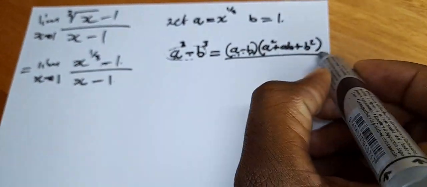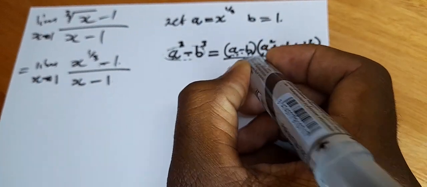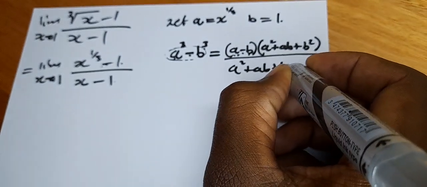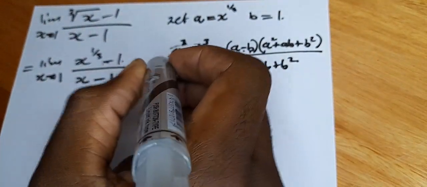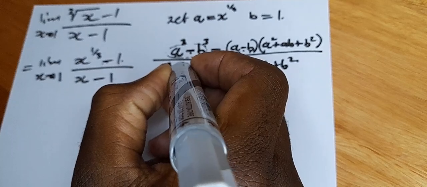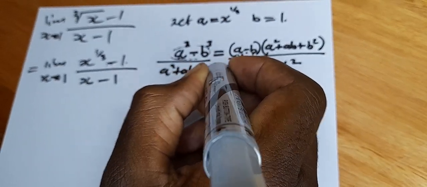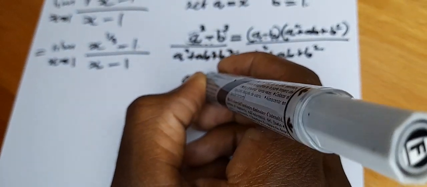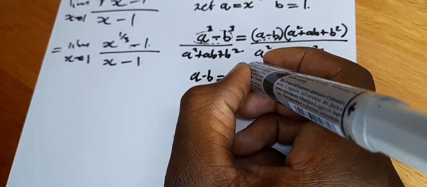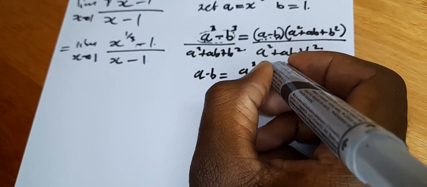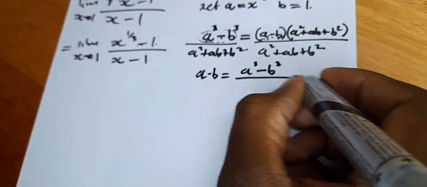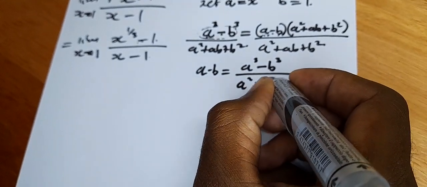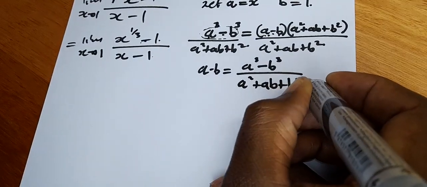That means we are going to divide by a squared plus ab plus b squared, all over a squared plus ab plus b squared. Then now we have our a minus b is equal to a cubed minus b cubed all over a squared plus ab plus b squared.